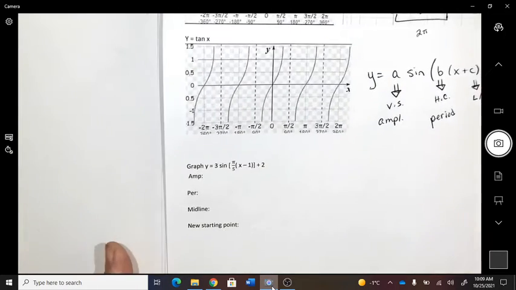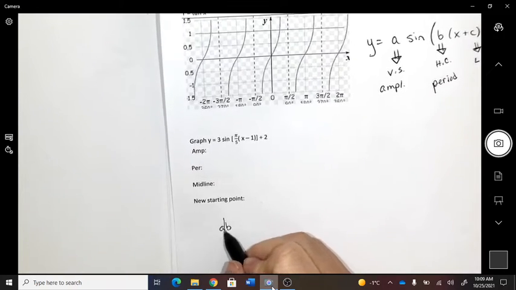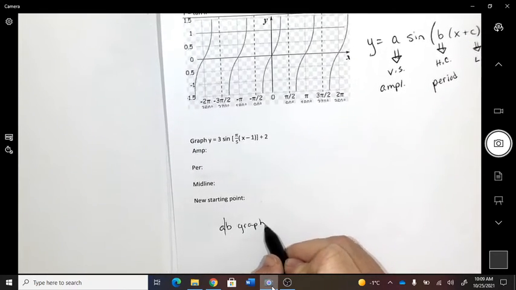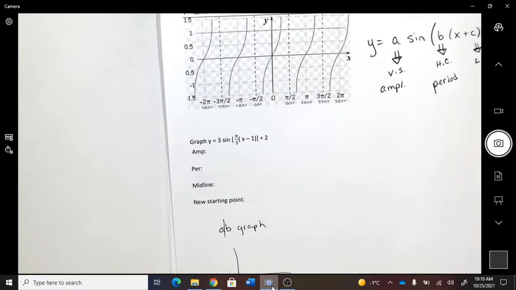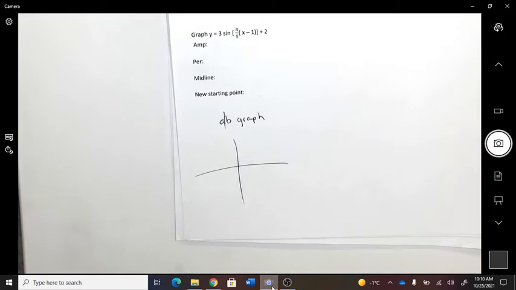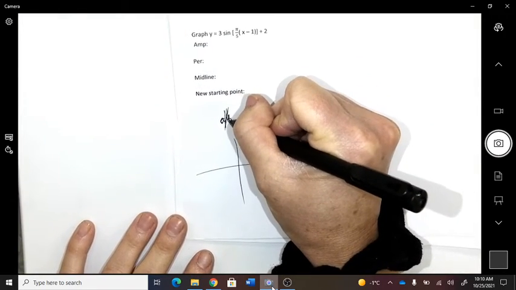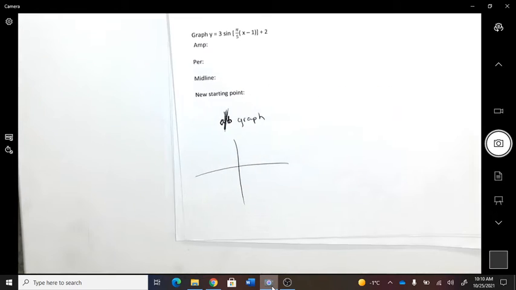Okay, here we go. Let's graph this one. We have an A, B, C, and a D. My suggestion was to draw an AB graph, just the A and the B. Okay, so it's a sine curve.